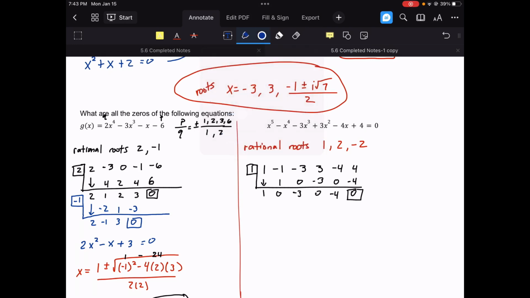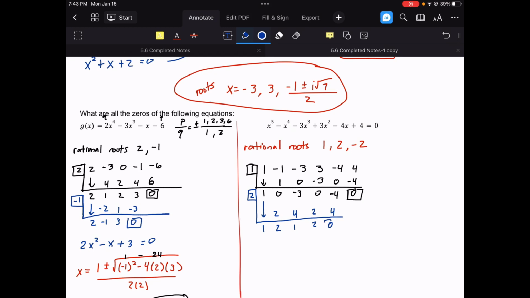Now we're going to run the next one. This time we've got 2. And then we can keep adding these. So we add down, multiply.